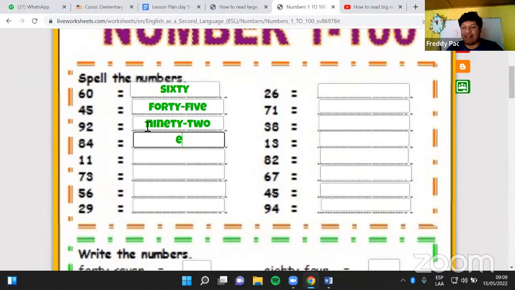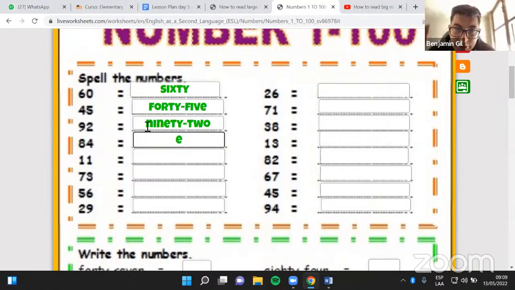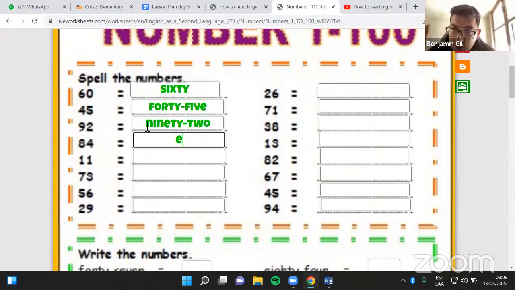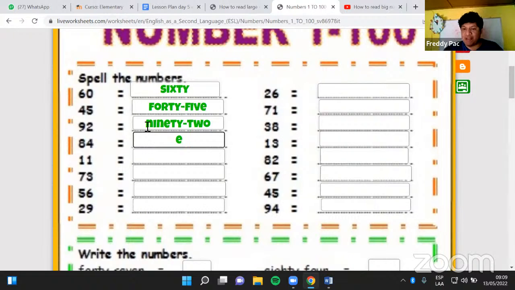Use the military alphabet, guys. Can somebody help Franklin? E, I, G, H, T, Y. E for Echo, but use the military alphabet. Benjamin, try. Tell me, Benjamin. You have to try because you have to learn. Remember your military alphabet: E, I, G, H, T, Y.